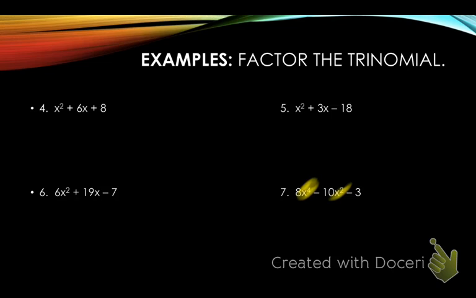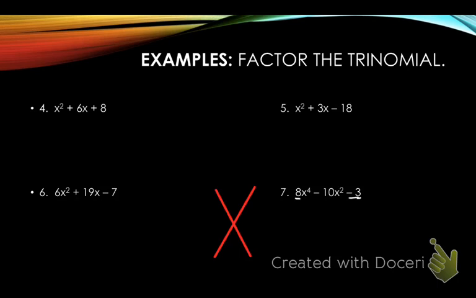So do you want to use guess and check? Do you want to do the X and go with grouping? How do you want to go about this? Alright, so if we X this out, what is A times C?